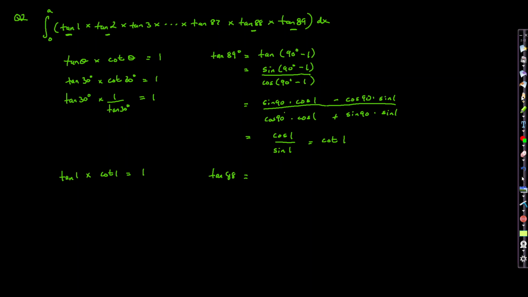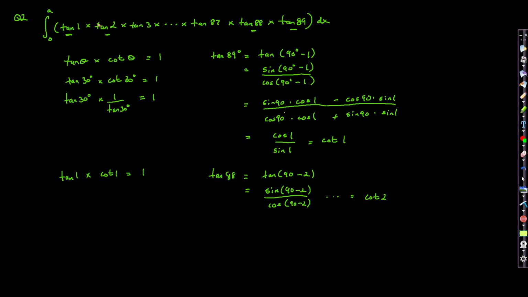So the tan of 90 minus 2. If you do exactly the same kind of working, after a bit of working this comes out to the cotan of 2.